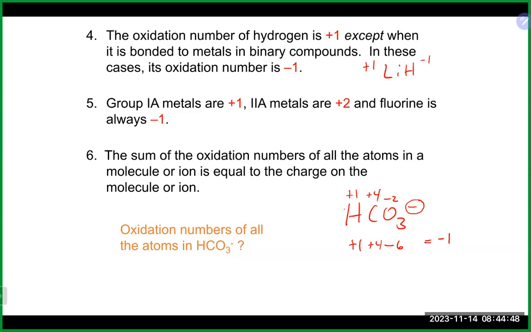So when you're asked to give the oxidation number or the oxidation state, the correct answer here is hydrogen is +1, carbon is +4, and oxygen is -2. We're not looking for the grand total of everybody that's there.